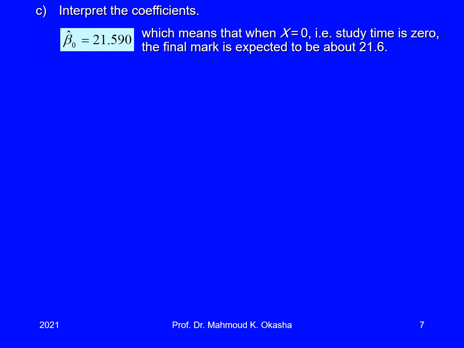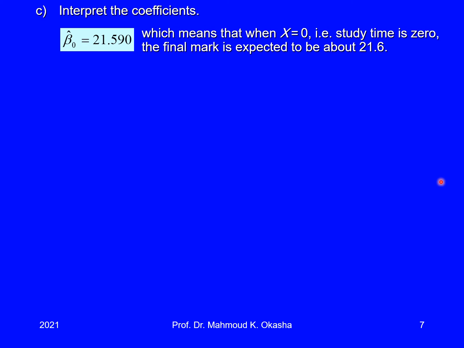The intercept coefficient, we calculate it like that, which means that when x equals 0, which means study time is 0, the final mark is expected to be about 21.6. We mentioned about 20 earlier, but here is the more exact value, 21.6.